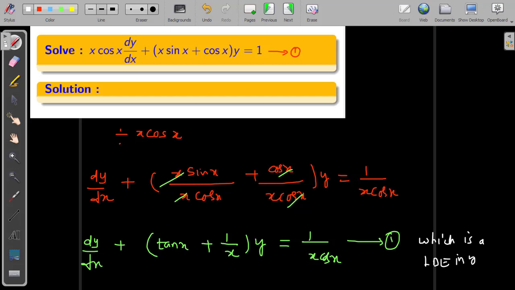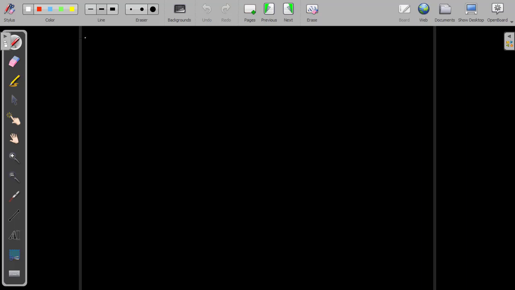It's better to compare with the standard form dy by dx plus p times y equal to q. So the next step is comparing p and q values. Here p equals tan x plus 1 by x. Again we have capital Q, which is nothing but 1 by x times cosine x.